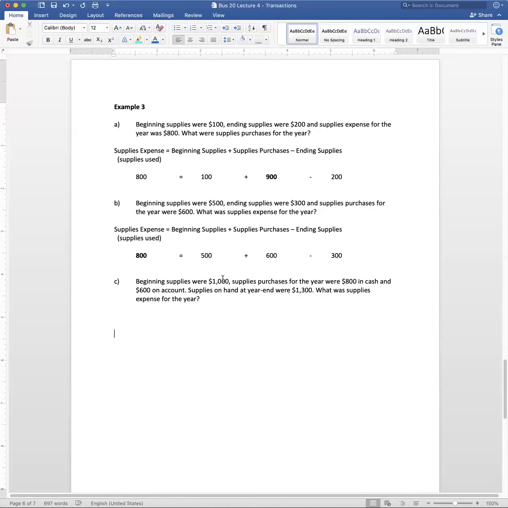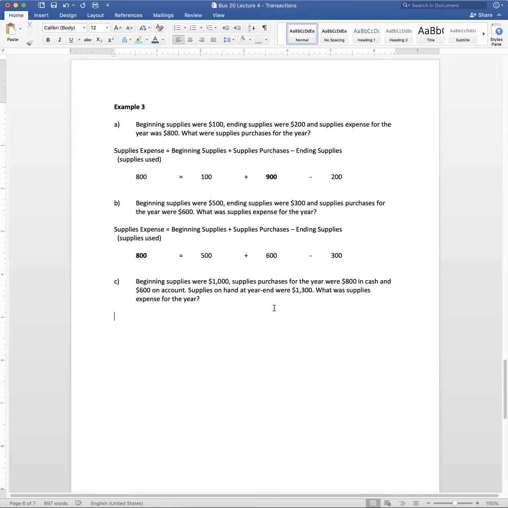Okay, so here we have something a little different. The beginning supplies, that's easy. What about these purchases for the year? We have $800 in cash and $600 on account. So how much am I going to use for purchases in my equation? Am I going to use 800 or 600 or what?